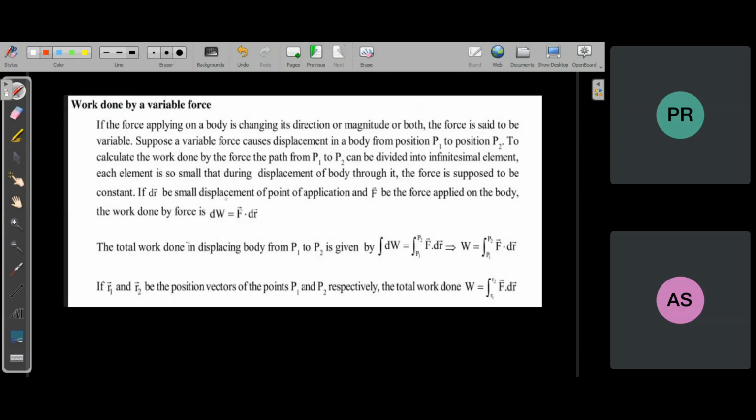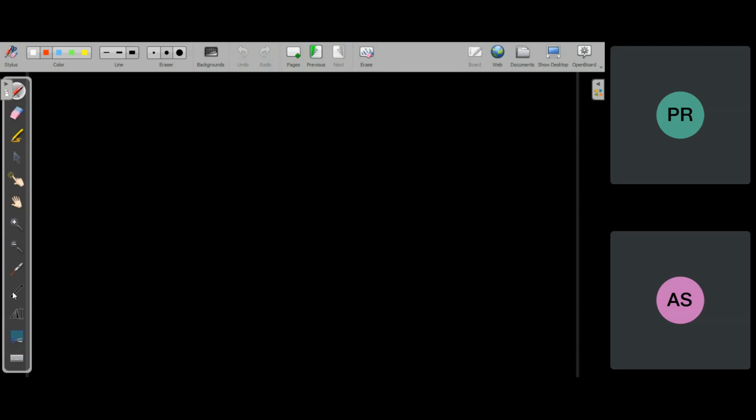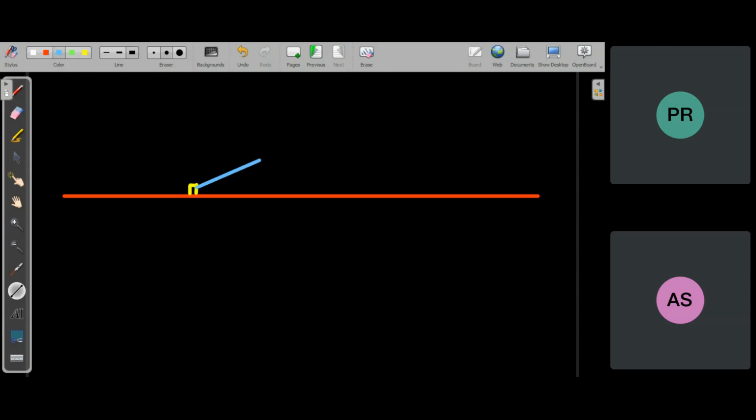Now, when the force is variable, in that situation, what you can do is find the work done for a very small displacement. For example, suppose there is a particle, let's say this is the particle, and some force is acting, and the force is variable. Force is, let's say, a function of time or a function of displacement, anything like that.